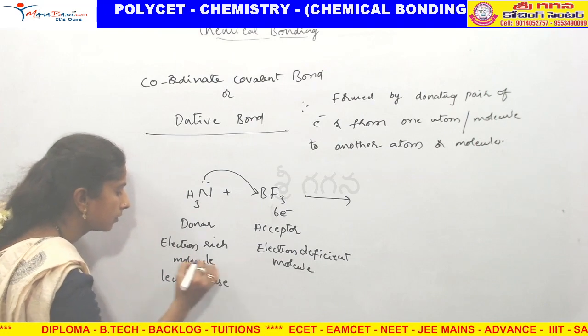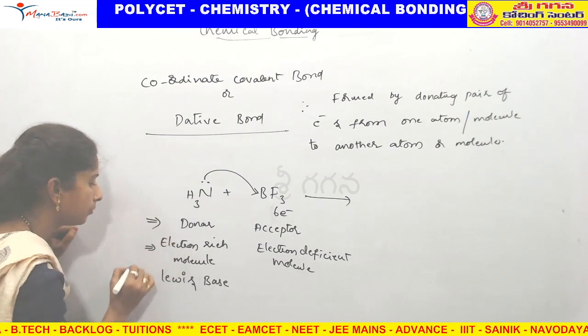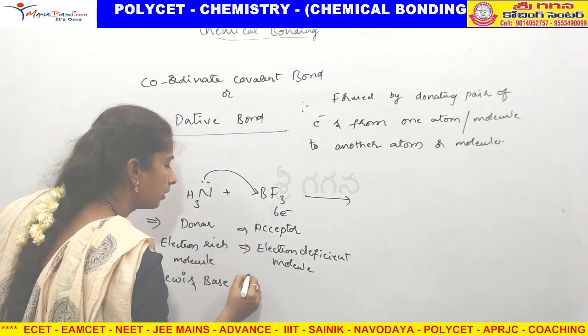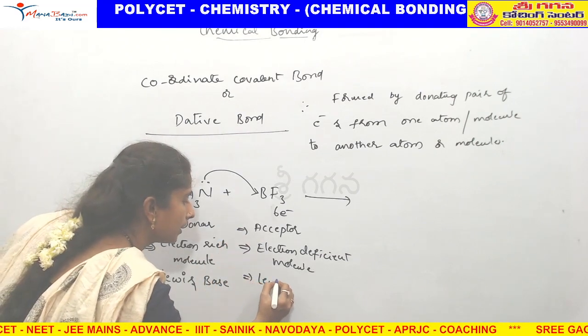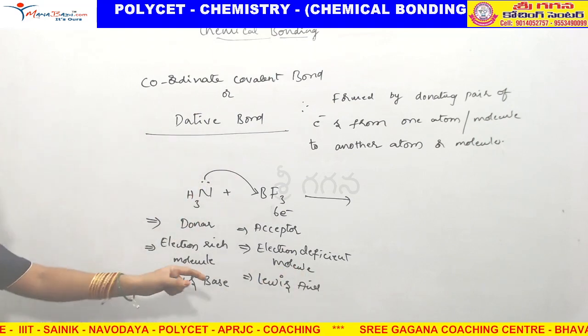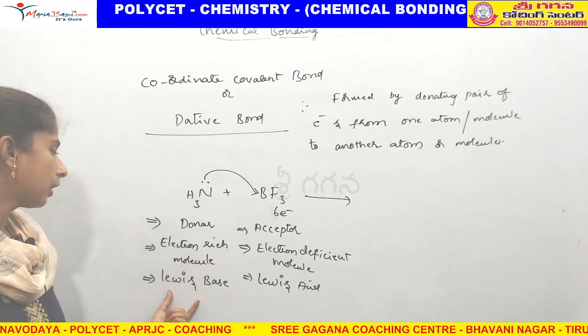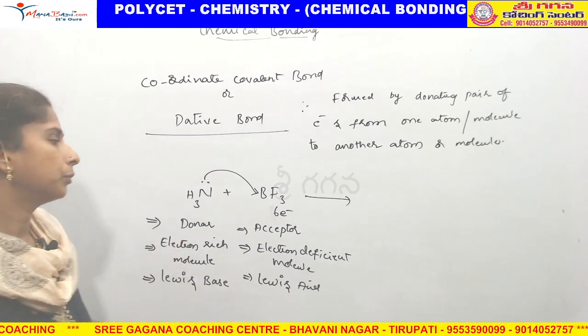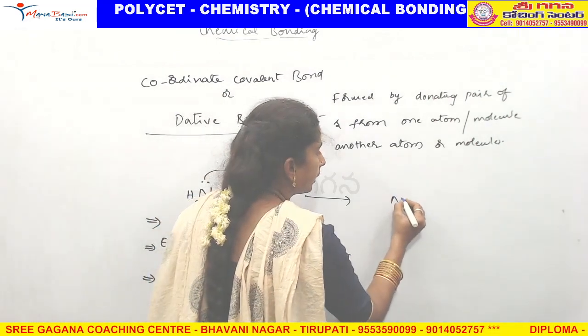So three types of names are there here. Here also three types of names are there. This is Lewis acid, which accepts the pair of electrons. And that which donates the pair of electrons is the Lewis base.